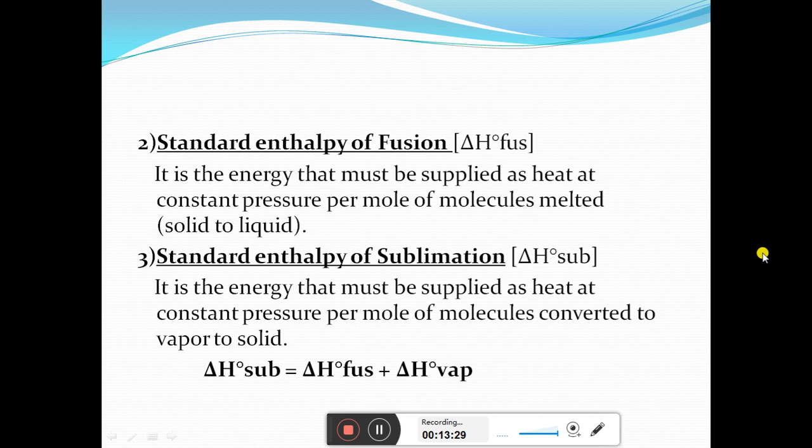It is the energy that must be supplied as heat at constant pressure per mole of molecules converted from solid to vapor. And the sum total, delta H0 sublimation is equal to delta H0 fusion plus delta H0 of vaporization.